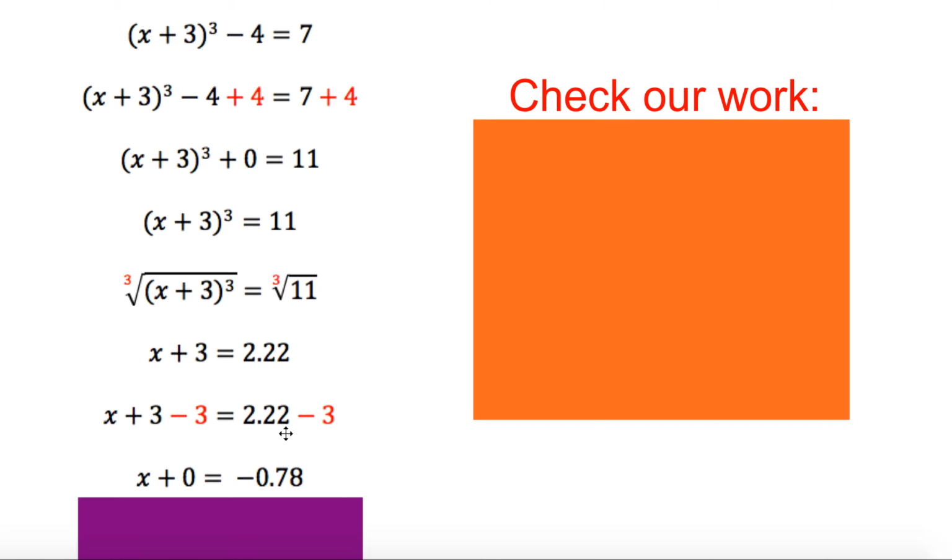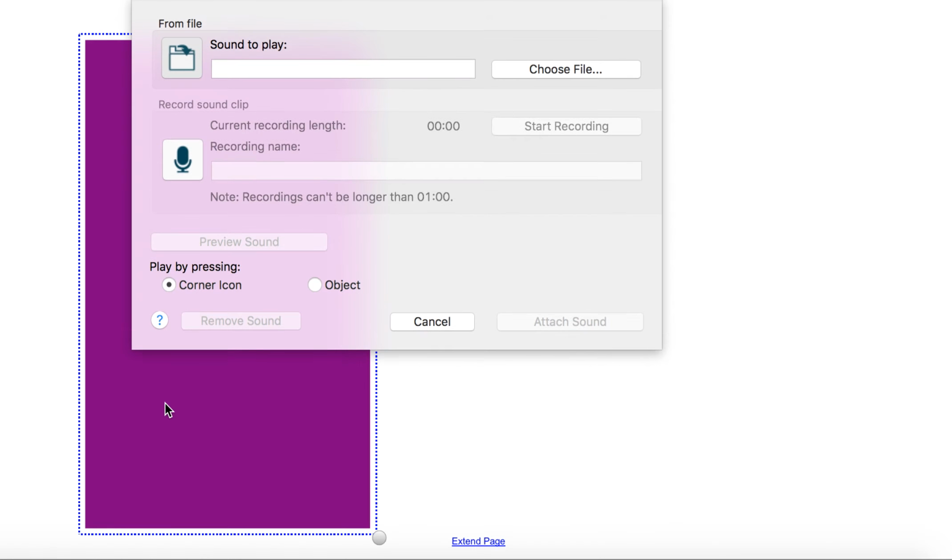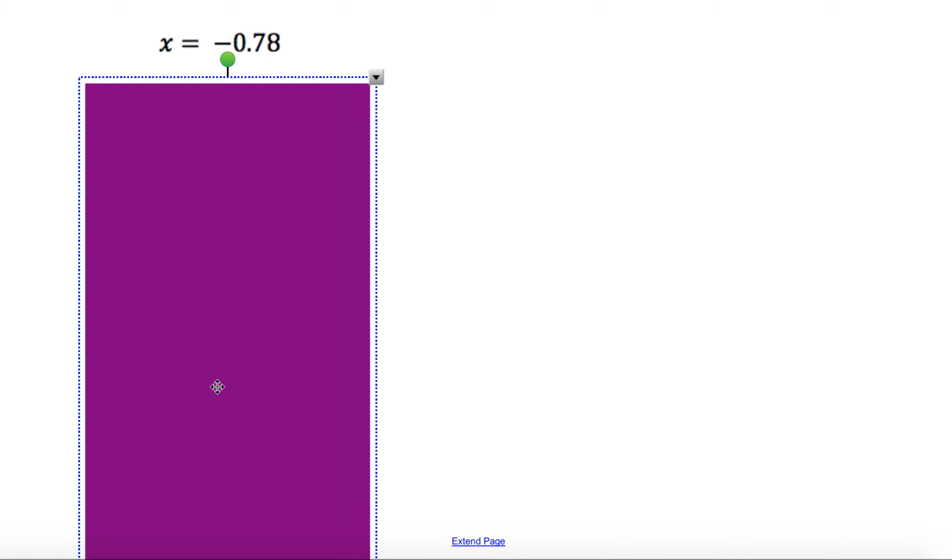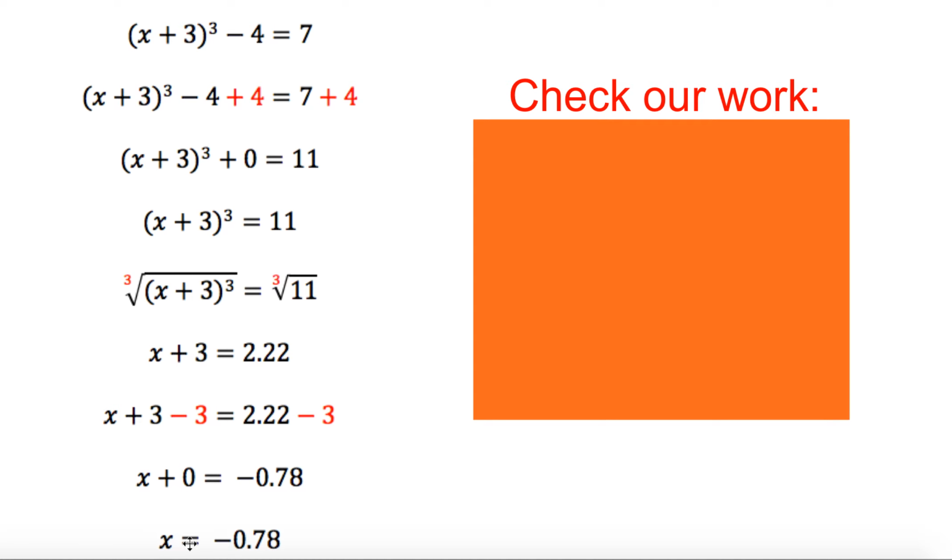And then using our calculator, 2.22 minus 3 is negative 0.78. Well, by the identity property, anything plus 0 will actually be itself. And so we are finished here. Sorry about that. Move this down. And so we know x is equal to negative 0.78.